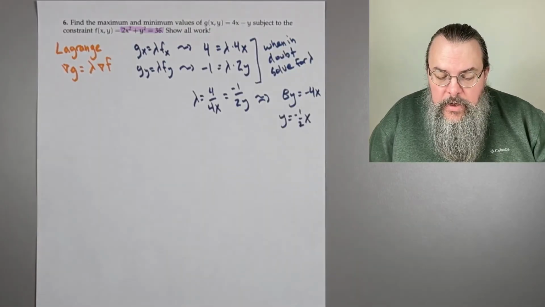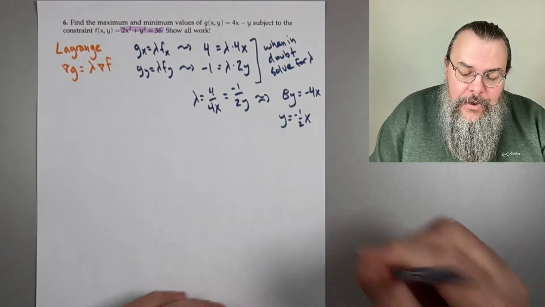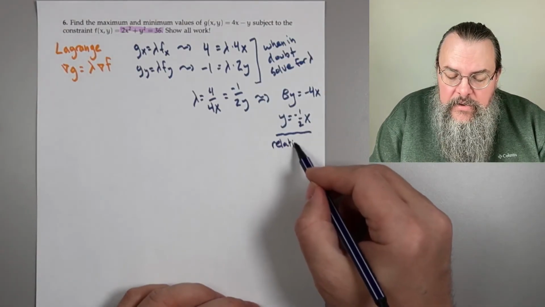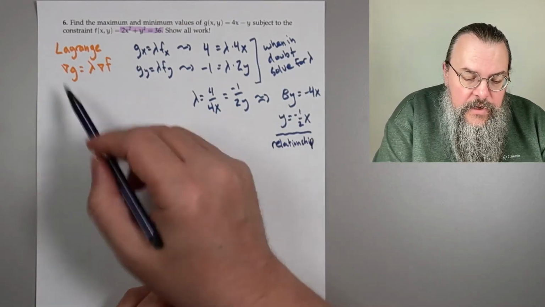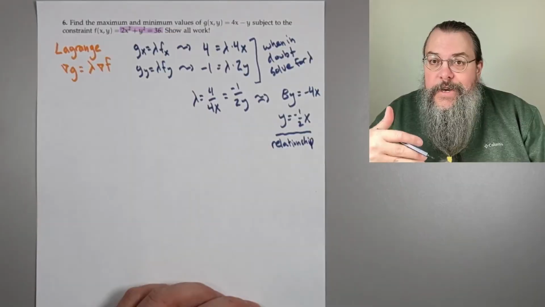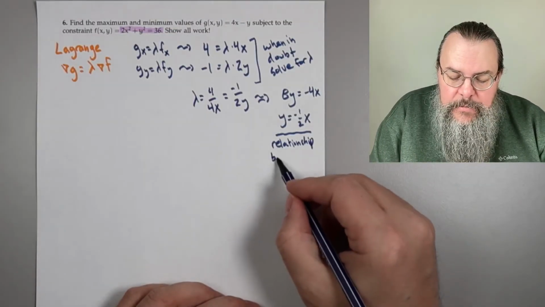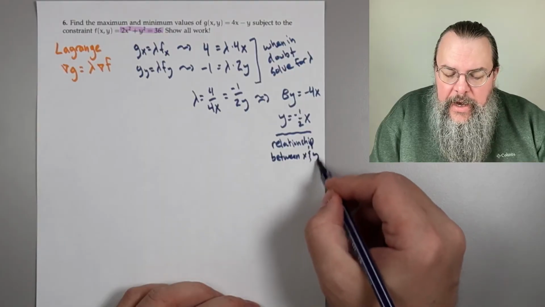All right, well, that's information. Now, here, we've gotten a relationship between x and y. That's really what we're doing here: when we're solving this gradient g equals lambda gradient of f, we're really after a relationship between x and y. Now, how do we use that?